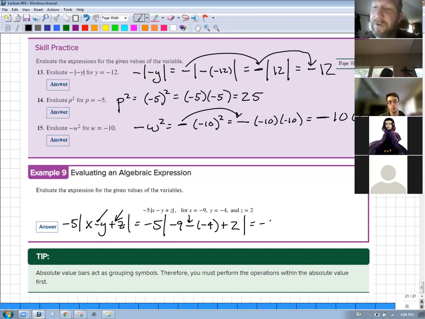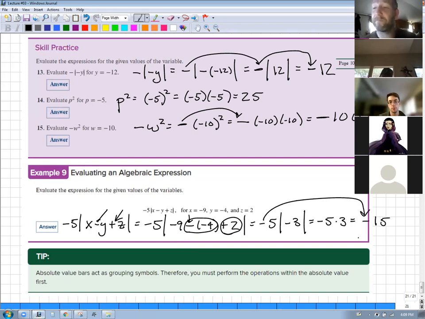So we have a negative 5. Now what's going on in here? This is negative 9 plus 4. That would be a negative 5. Plus 2 puts us at a negative 3. So the absolute value of negative 3 is 3. All right, but we still got a minus here. So it's going to be a minus 15.